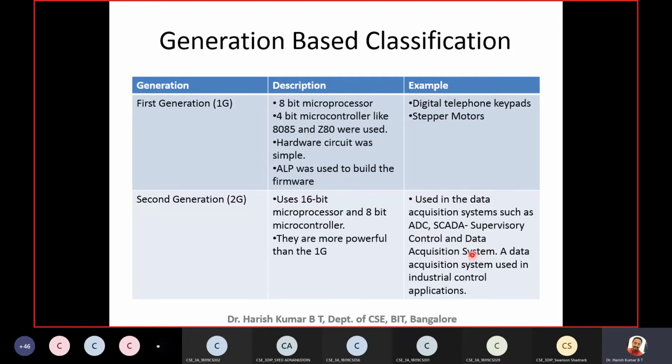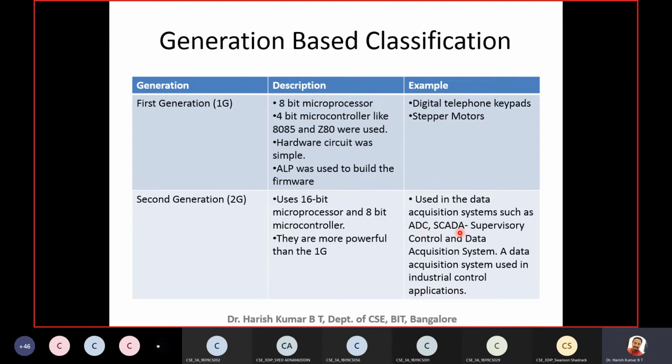Which were again most widely used for reading the data or acquiring the data and storing them for industrial control applications. And the advantage of SCADA over ADC is that ADC collects the data, stores the data in the digital form, but it will not provide you any provision for viewing the data.